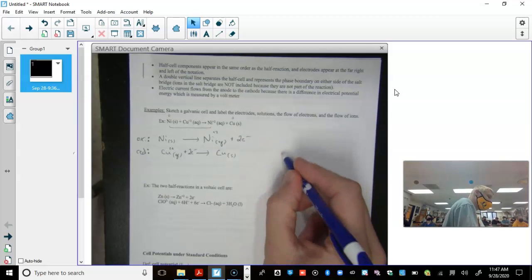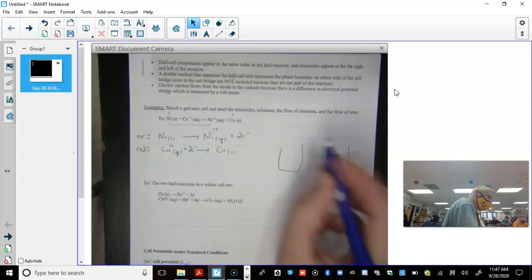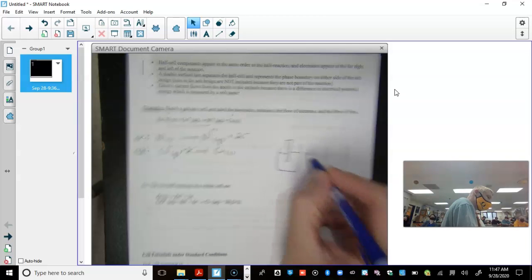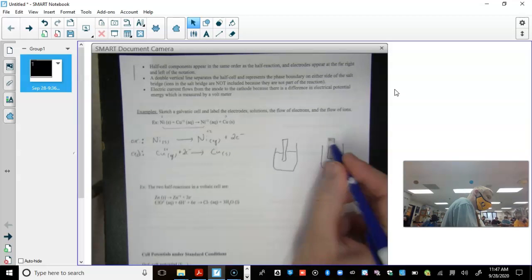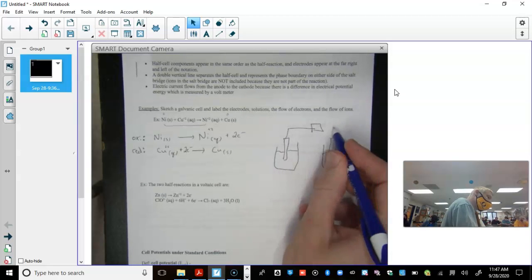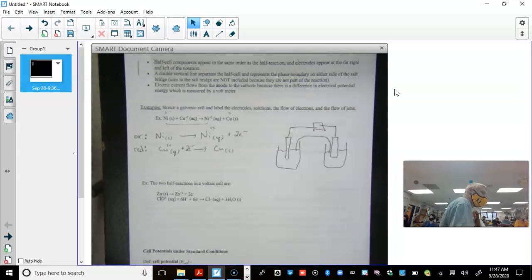So oxidation is nickel. So I got to build this little cell. There's my beaker. There's my beaker. There's my electrode. Here's my voltmeter. Oh, gotta do the salt bridge. There we go.